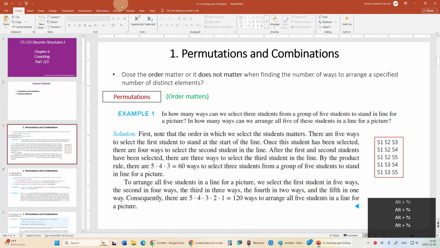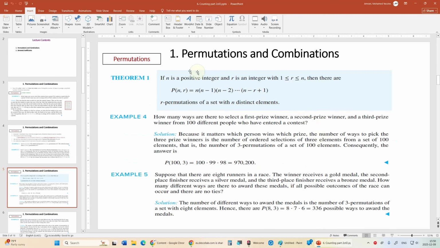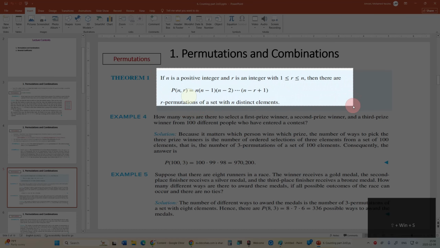Let me just go back here and maybe skip a little bit, then I go back to those examples later on. There's a theorem about the permutation, which is this thing. So they use R here in this case.